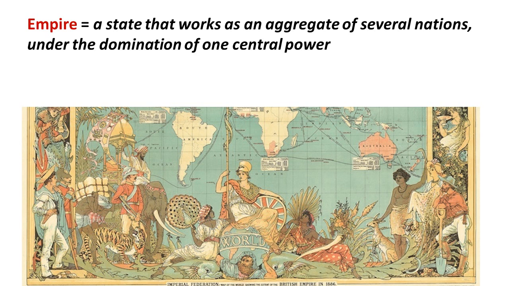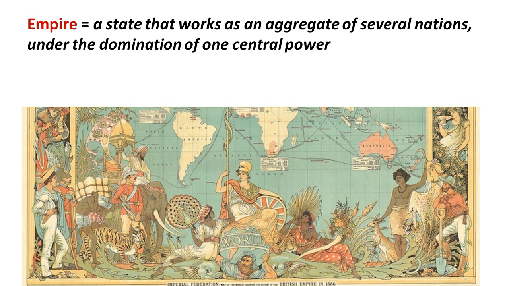You have different peoples, we would not call them nations back in antiquity, like Egyptians, people from Gaul, the Greeks, etc., that all belong to a political entity dominated by Rome. This also applies to the empires that France and Britain built during their history.